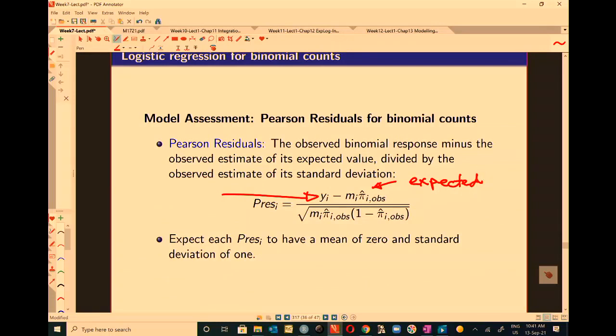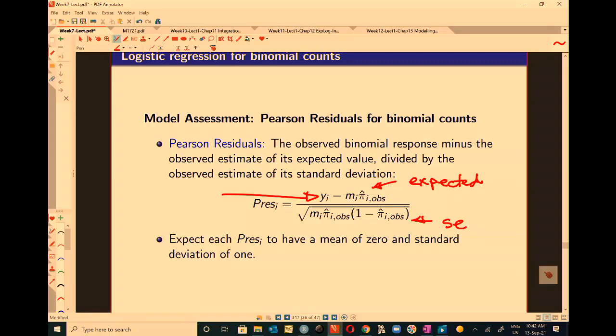And the expected here is based on my fitted value of pi_i hat, m_i pi_i is my expected in this case. And this is all over the standard error or standard deviation, if you like. So I've standardized this. So these are standardized Pearson residuals, and these are going to be continuous.